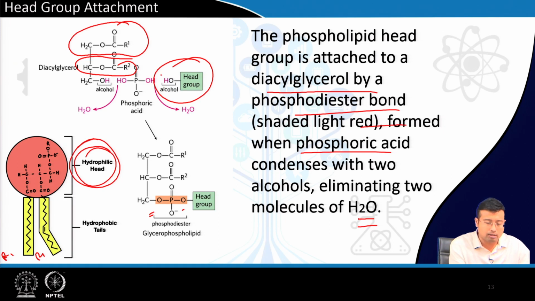So, over here there is one OH group that is attached to the head group, and there is an alcohol that is attached to the phosphatidic acid, that is an OH group. When a phosphoric acid condenses over here, 2 water molecules, HOH, will be eliminated, one from here and one from here. Ultimately, this will form a phosphodiester bond, and this is the basic structure of a glycerophospholipid. Okay.